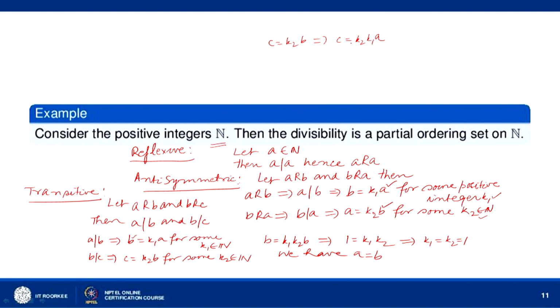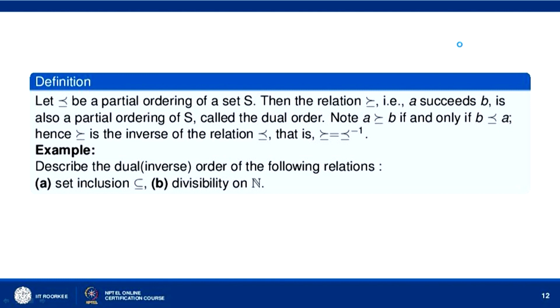So, this means that A divides C as K1 K2 belongs to N. So, when we consider the set of positive integers N, then divisibility is a partial ordering on the set N. Now, let us go to this symbol which we talked about earlier. When this symbol is there between A and B, we say that A precedes B.